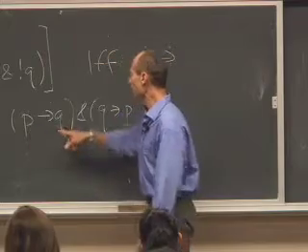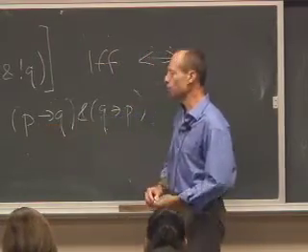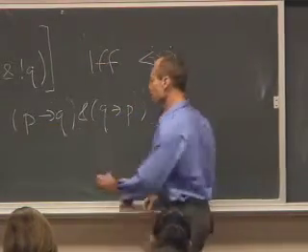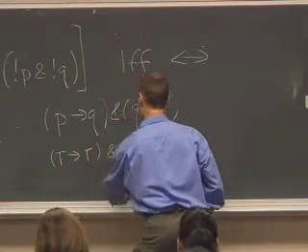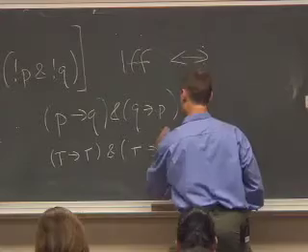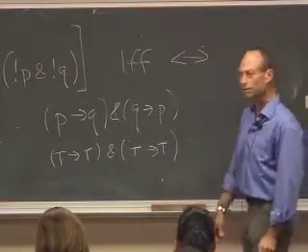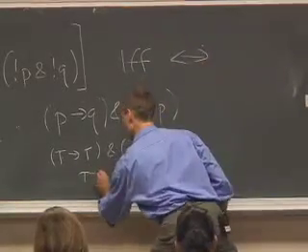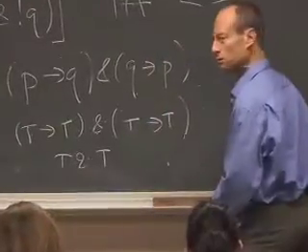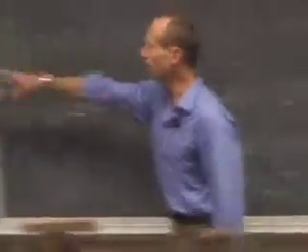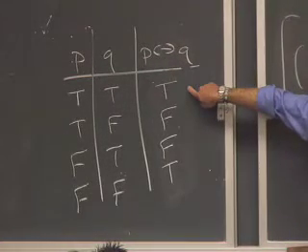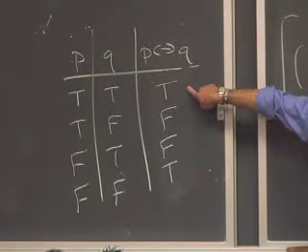So what happens if P is true and Q is true? That would evaluate to true implies true, and true implies true, which evaluates to true and true, which evaluates to true. So over here, it has the right value when both P and Q are true.